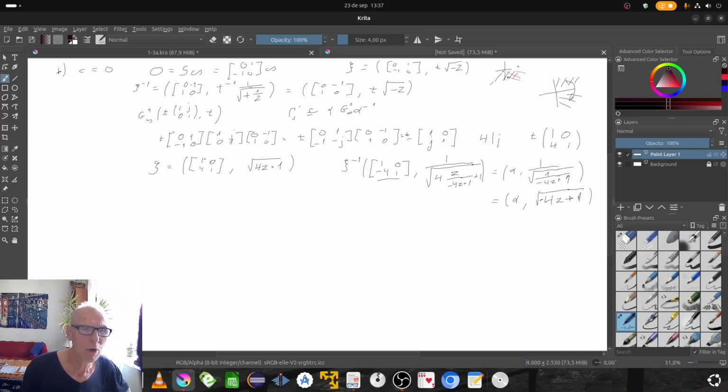This maps naught to naught, of course. But where does t come in? It comes from here. This map has t equals unity.